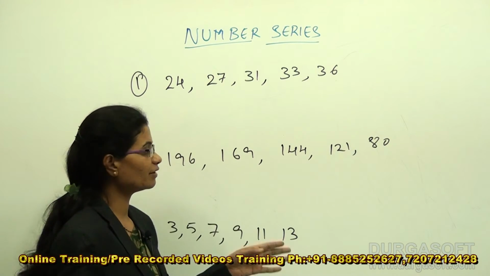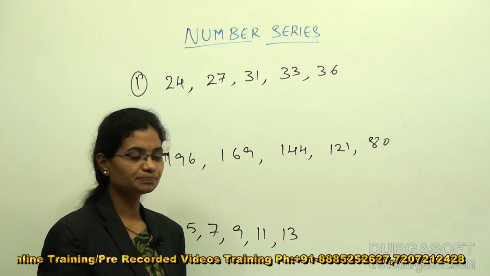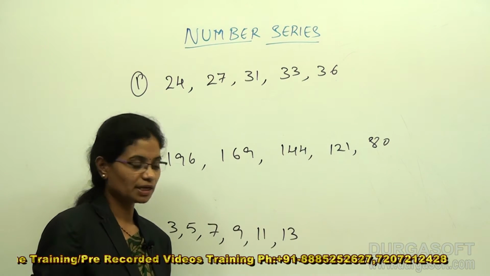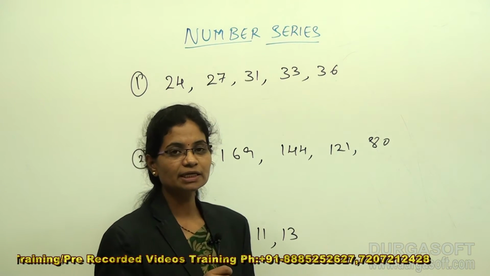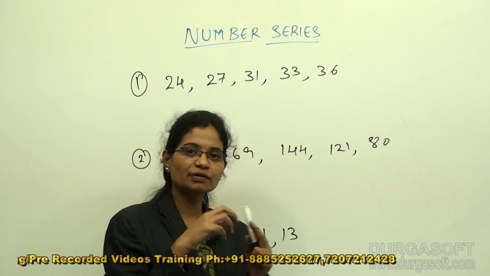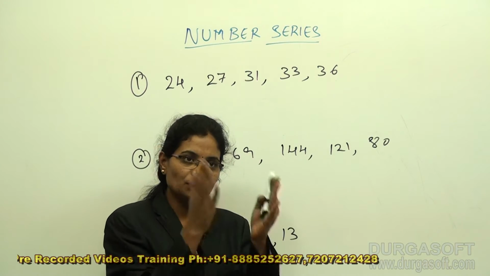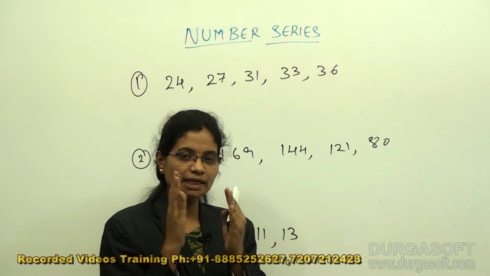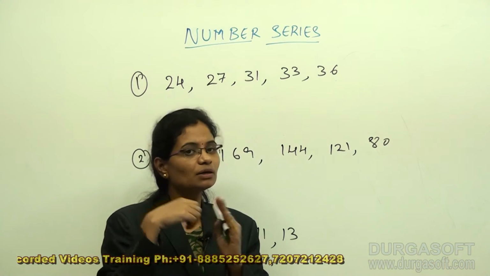So in number series we get these two types: one is odd man out and the next is missing number. Here we have taken three odd man out questions. We will try and solve them. Just remember one thing in number series, however the series may be, when you are looking at the series, if you get any idea about the series, then go with that.